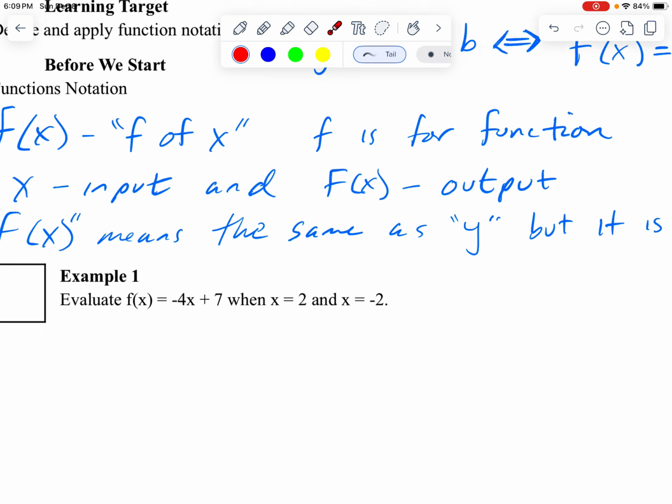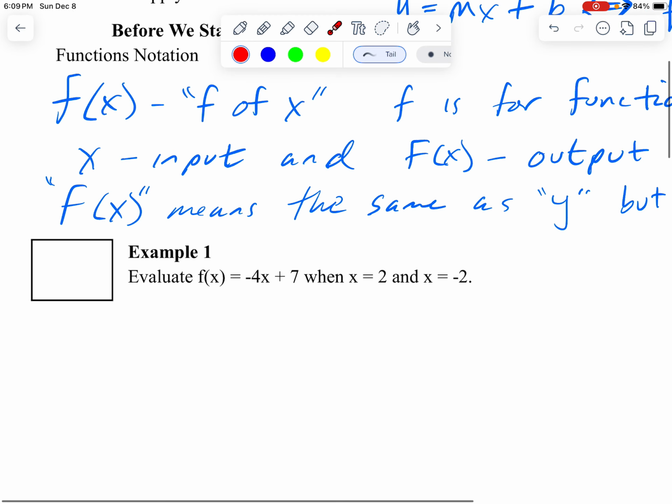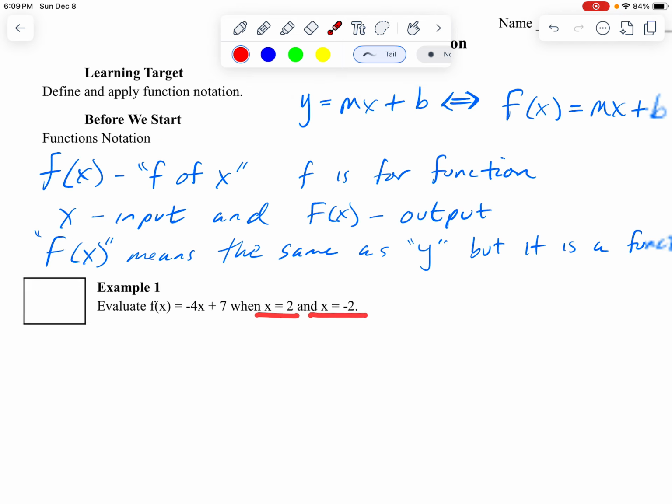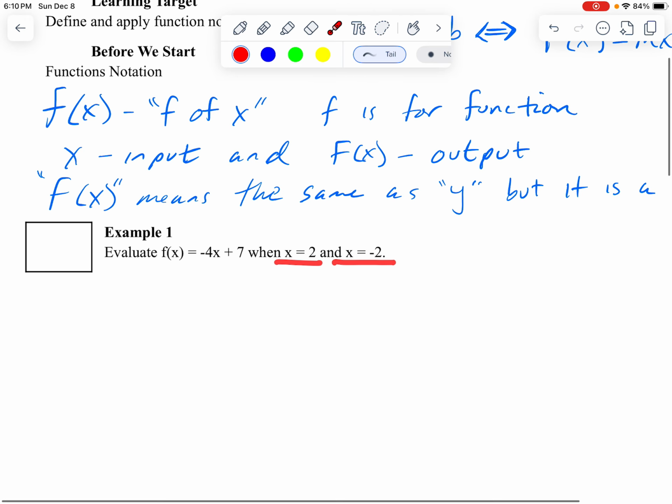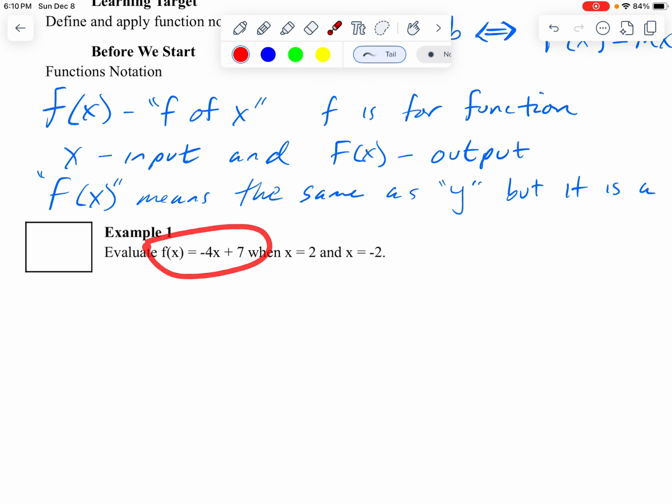In example 1, we are evaluating. It says evaluate f of x equals negative 4x plus 7 when x is 2 and when x is negative 2. So this is two different things. All we want to know is, what is this equal when x is 2?